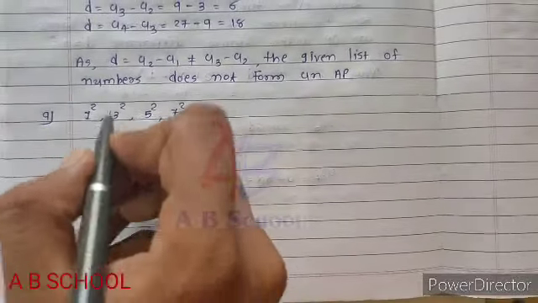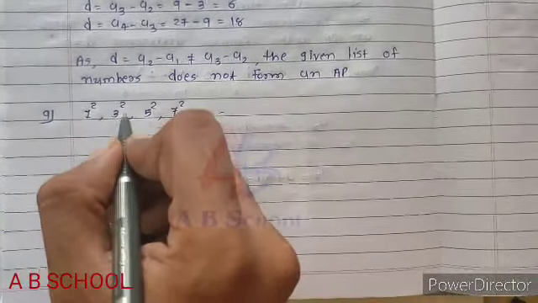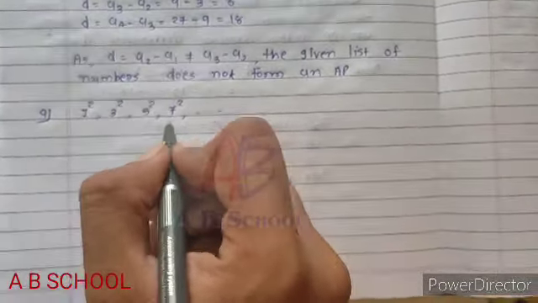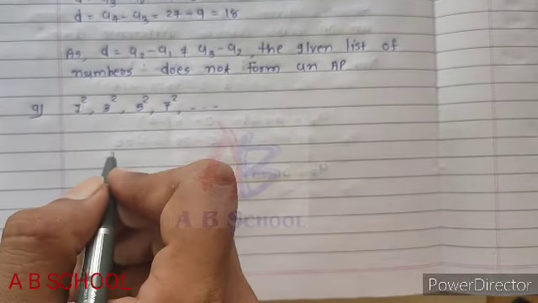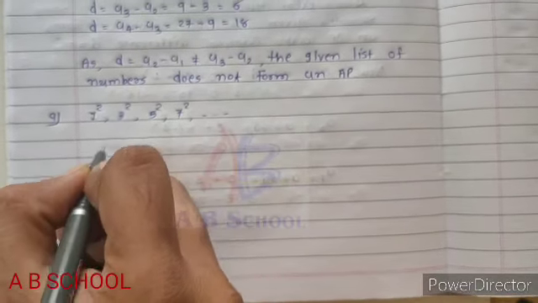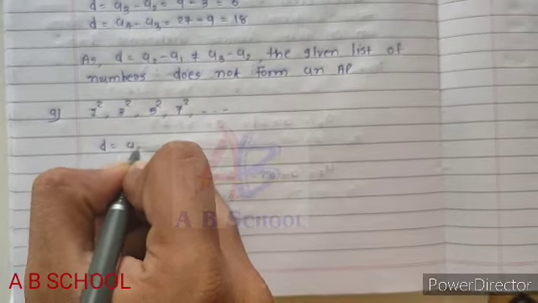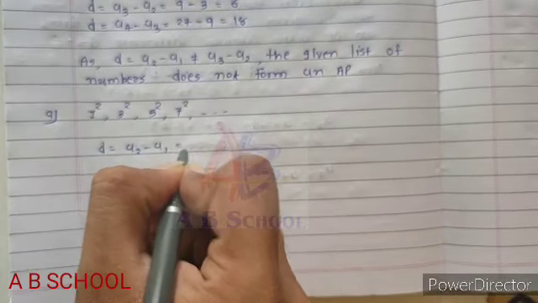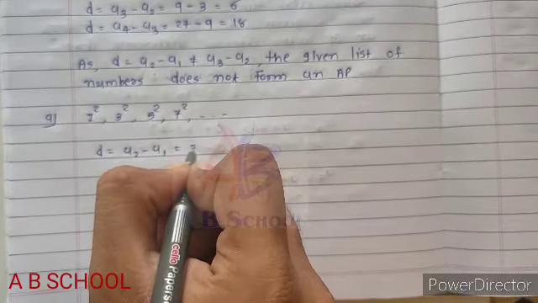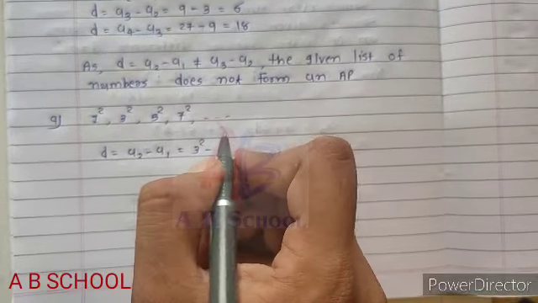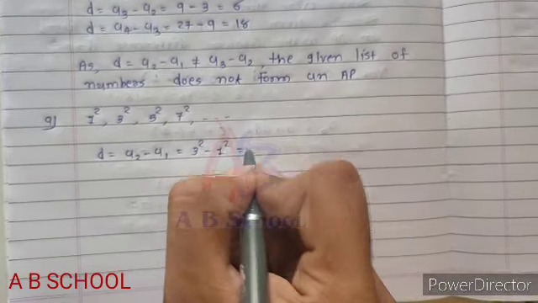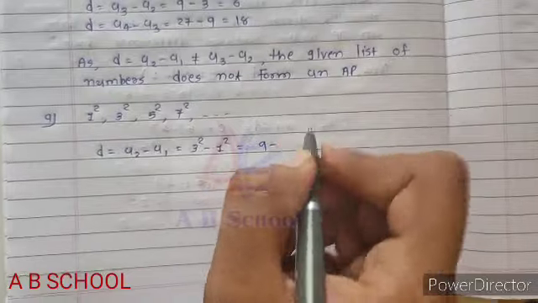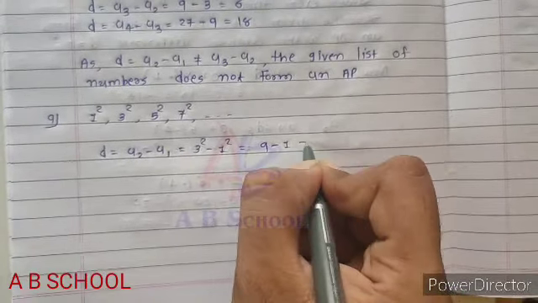Now number 9: 1 square, 3 square, 5 square, 7 square, and so on. For the common difference D is equal to A2 minus A1. Value of A2 is equal to 3 square minus value of A1 is equal to 1 square. 3 square is equal to 9 minus 1 square is equal to 1.